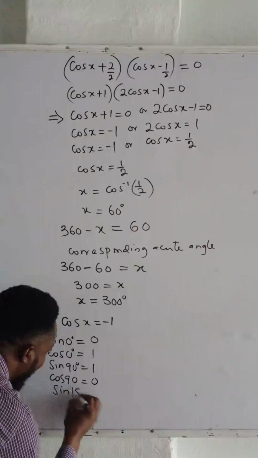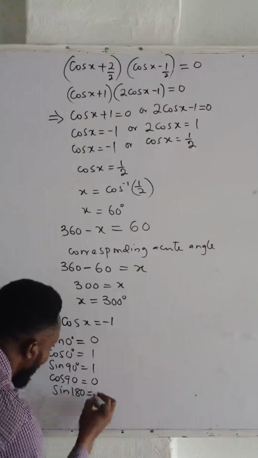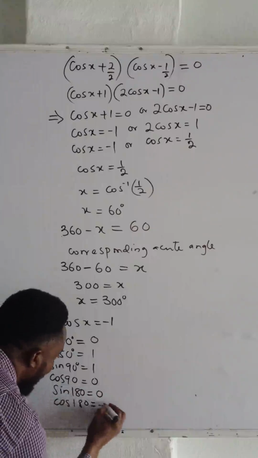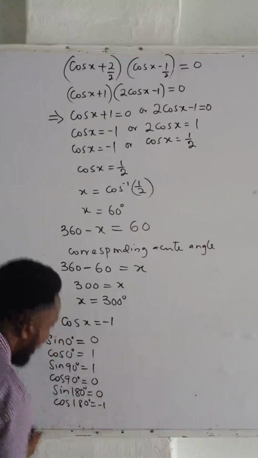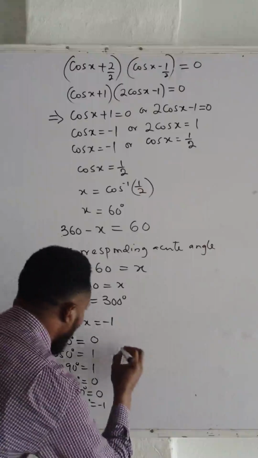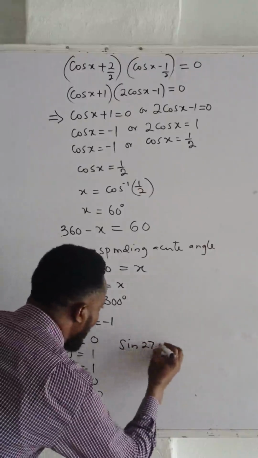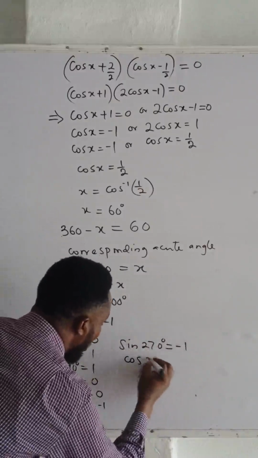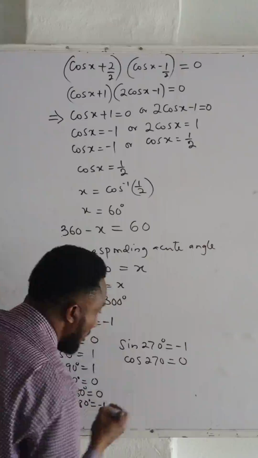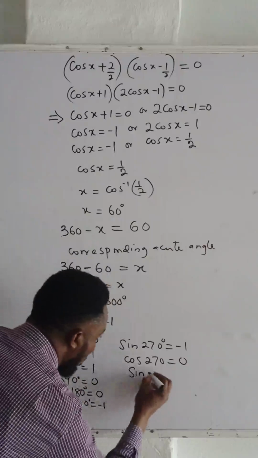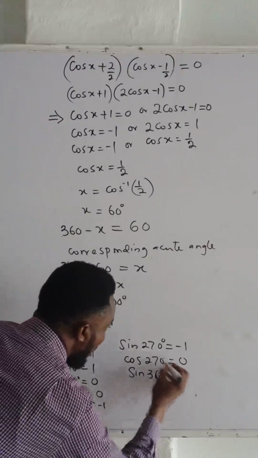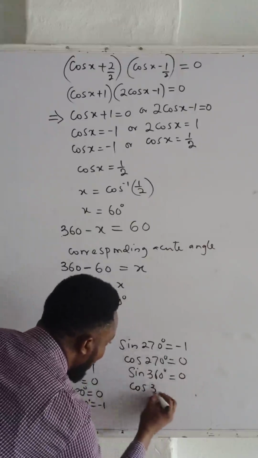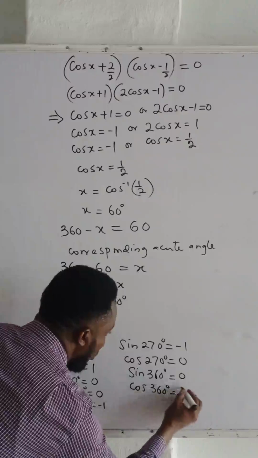The sine of angle 180 is actually 0. The cosine of angle 180 is negative 1. Then if I move forward, the sine of angle 270 degrees is negative 1. The cosine of angle 270 is equal to 0. Then the sine of angle 360 is equal to 0. The cosine of angle 360 is equal to 1.